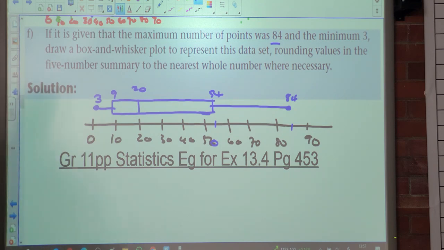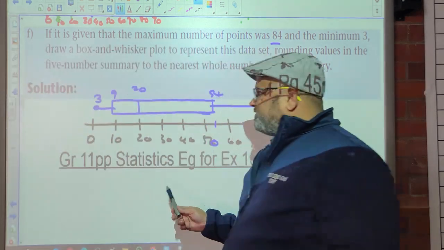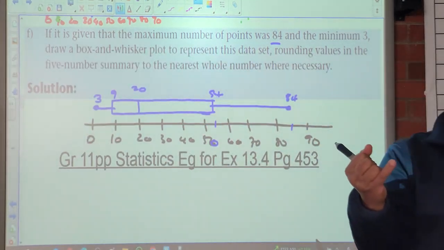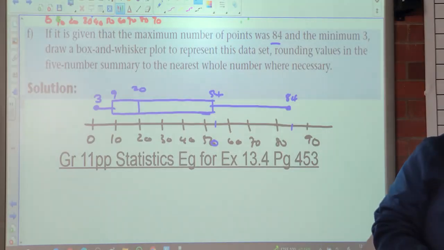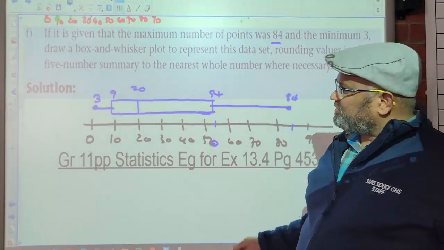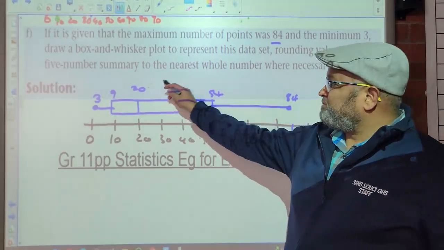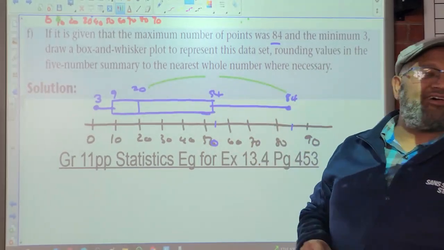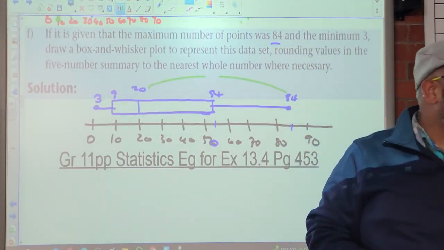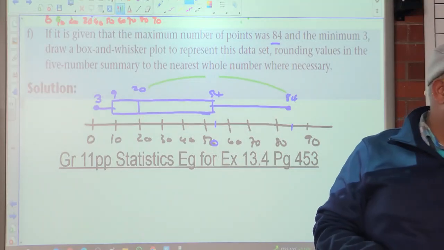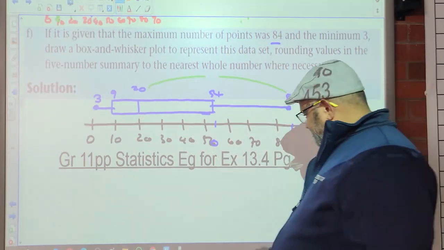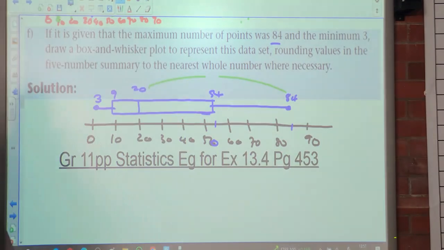And from here, the question could be: is this data symmetrical, skewed to the left or skewed to the right? What do we note here? That is bigger. So it's skewed to the right, or positively skewed. Do you understand? Easy enough? Beautiful.